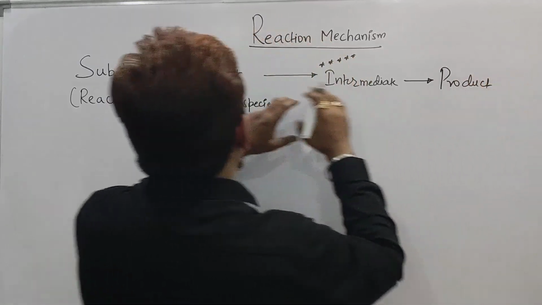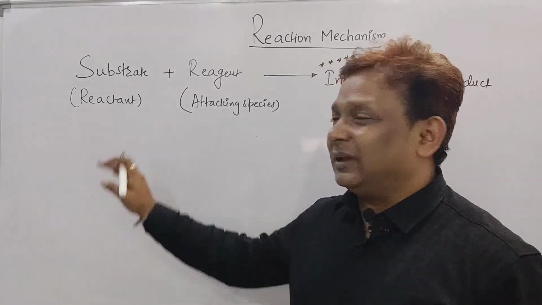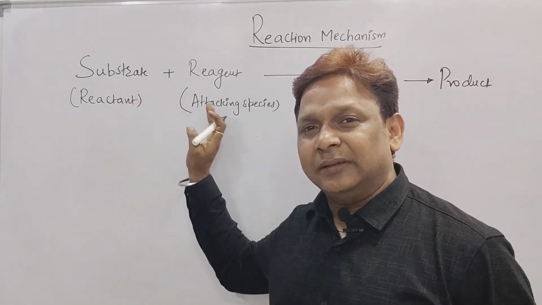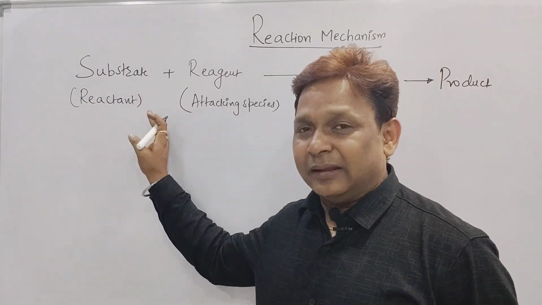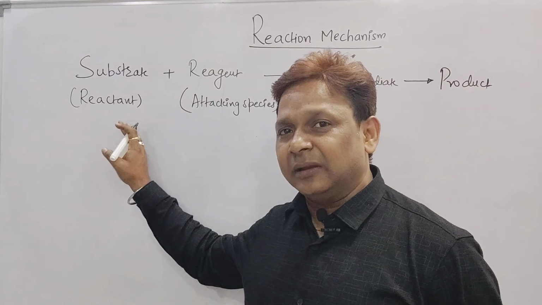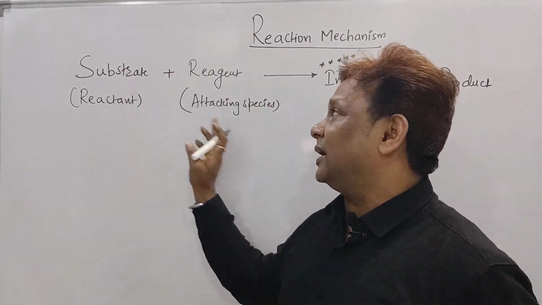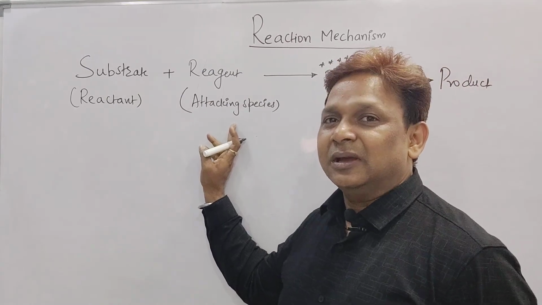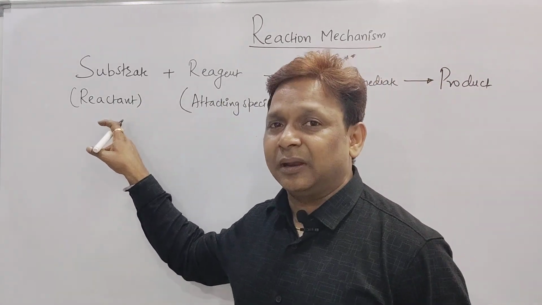This is the actual form of the reaction mechanism. We can say one reactant combined with the other reactant gives the product, but it's not like that. One is a reactant, another one is a reagent. How to identify which one is the reactant and which one is the reagent? A species which is attacking another is called the attacking species, and the one on whom it is going to attack is called the reactant or the substrate.